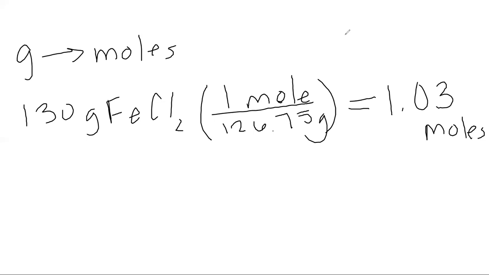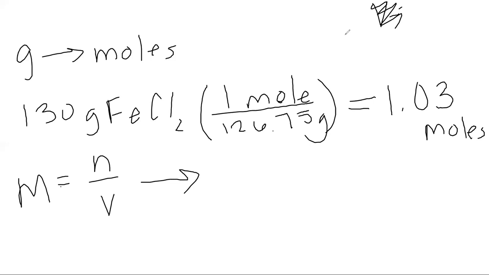So remember, molarity is equal to n over V. I'm sorry, we're looking for volume. So we have molarity and we have moles, and we want to find volume. So what we're going to do is convert this formula to find volume.